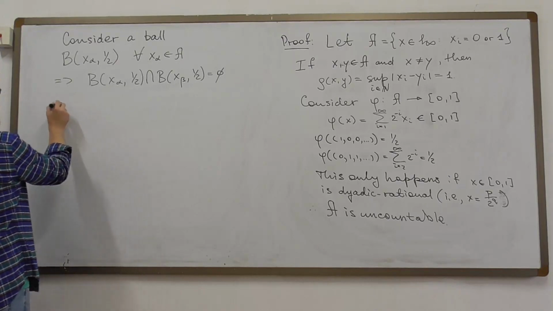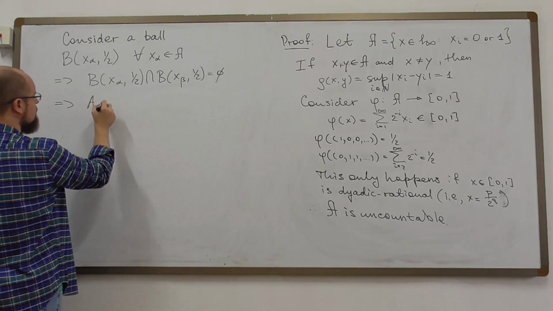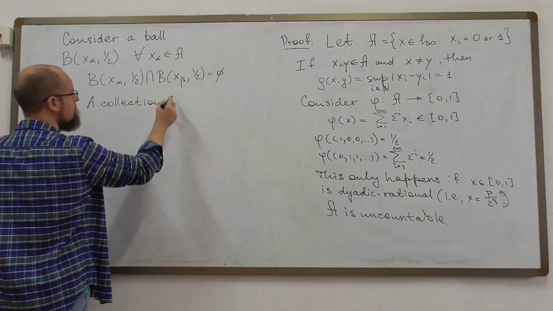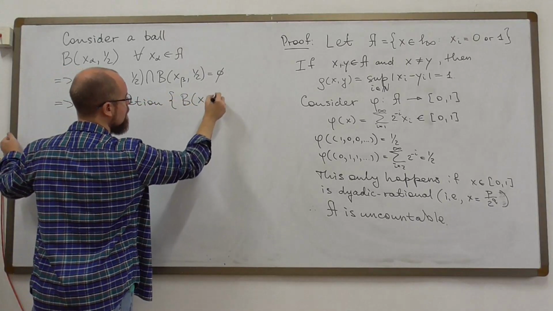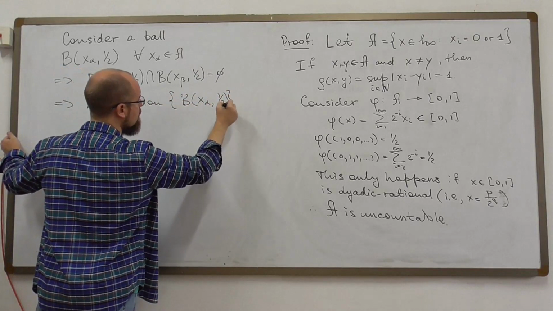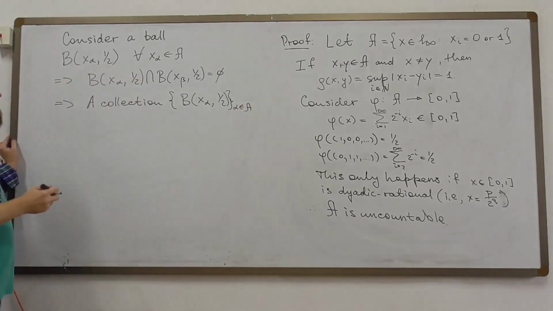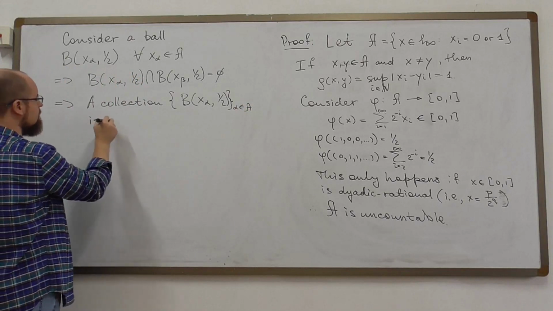So what we've done is we constructed a collection of balls which do not intersect each other, and this collection is uncountable.